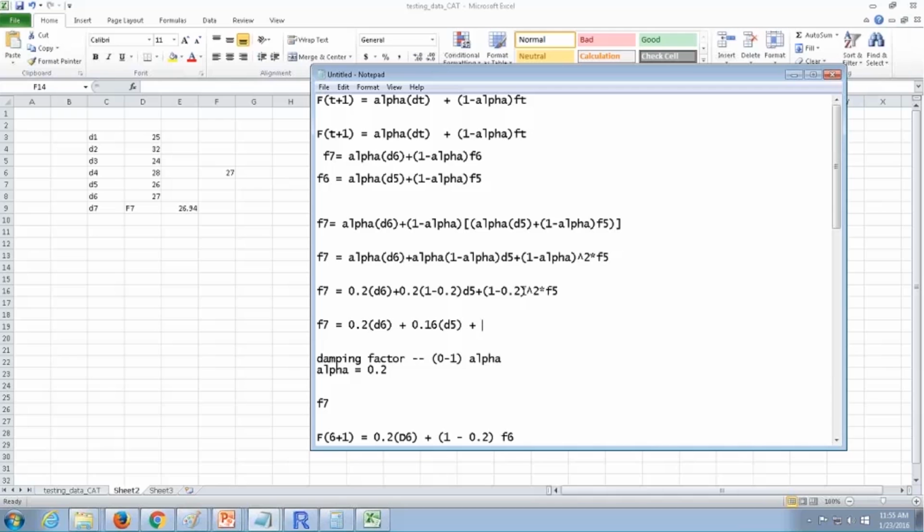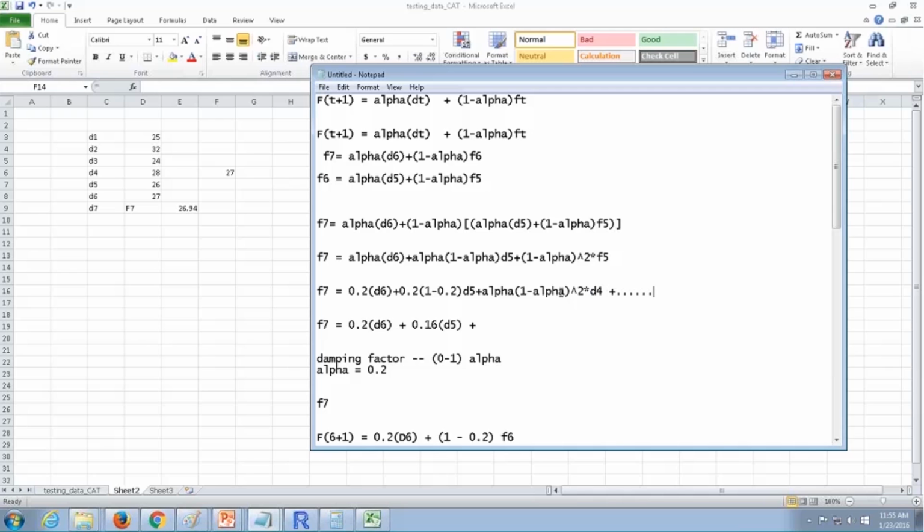So the formula would become, instead of F5, if I also substitute the F5 value, alpha into 1 minus alpha the whole squared D4, and it keeps on going, right?